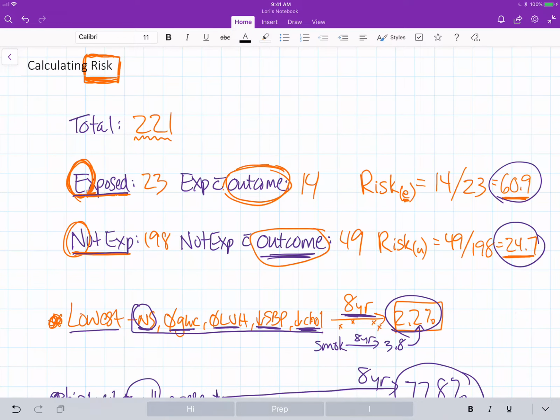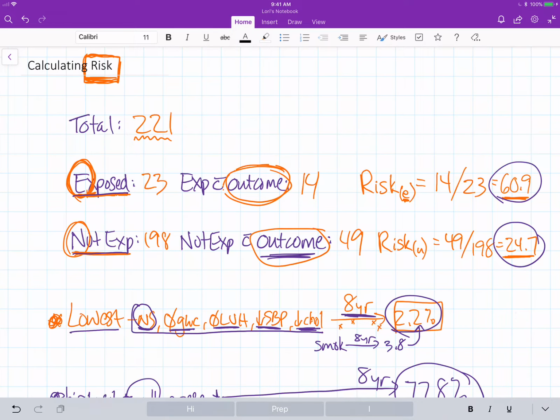So what I like to do is I like to think about the process of how we come to knowing all of these little bits of information, because it helps remind us what we can and cannot do with our data. So first of all, I like to point out that we started off with 221 individuals in our study. That was our starting point.